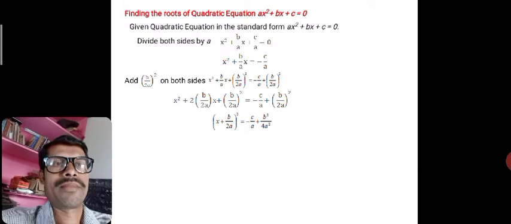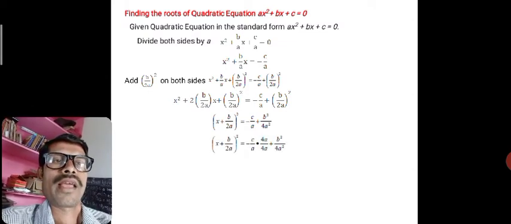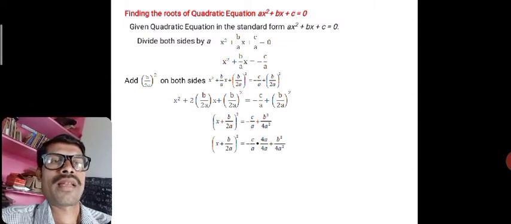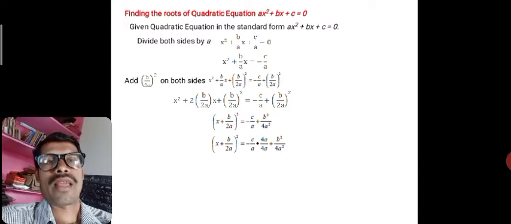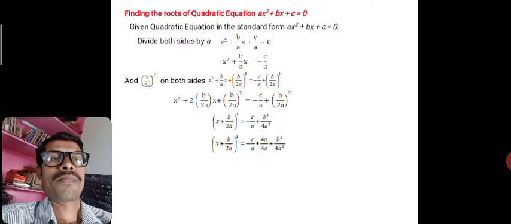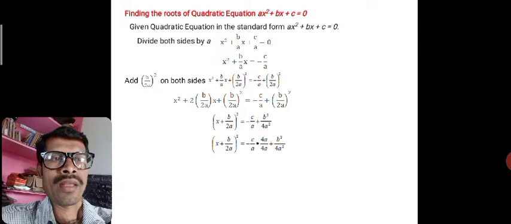It is very easy. That means x plus b by 2a whole square is equal to minus c by a into multiply and divide by 4a, by 4a plus b square by 4a square. Just the same as LCM only.